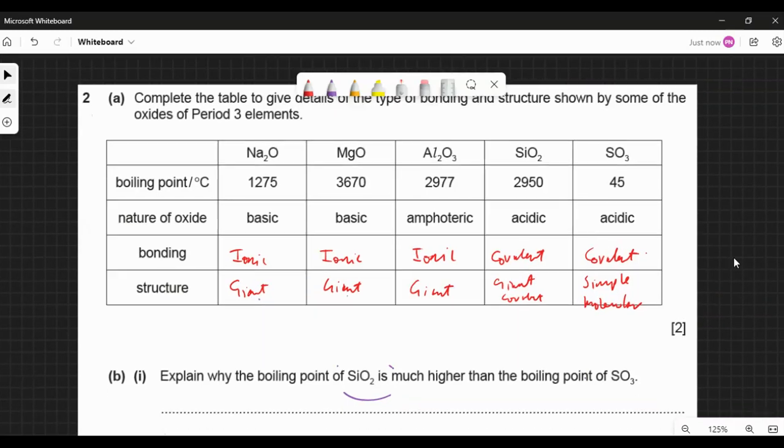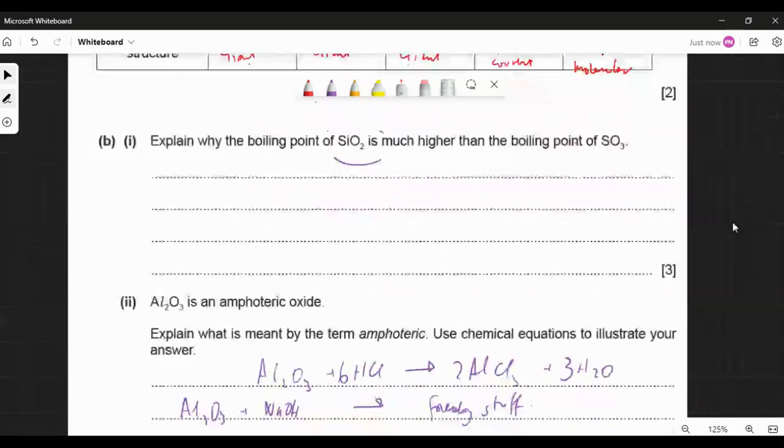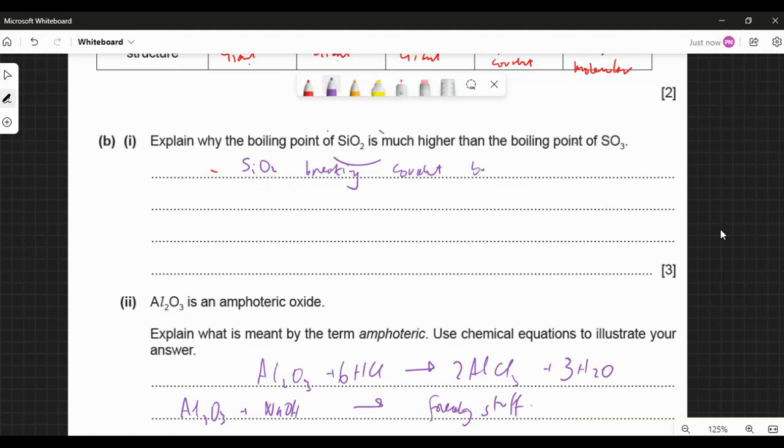Simple molecular. Okay. Explain why the boiling point of SiO2 is much higher than SO3. Well, first of all, I think you should state the bonding type in them both. So SiO2, we're breaking what bonds? Yeah, we're breaking covalent bonds in this, aren't we? But to do the SO3, we're breaking van der Waals, aren't we?